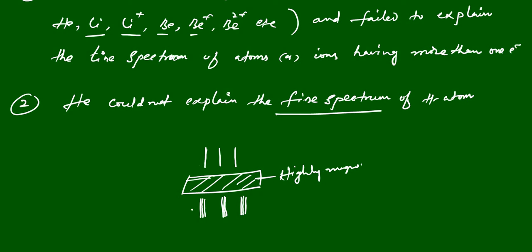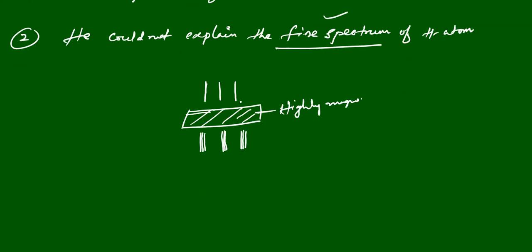Then why is it giving further lines? In a single line again it is having various lines. That is called fine spectrum, and about this fine spectrum Bohr could not explain. That is also one of the drawbacks.